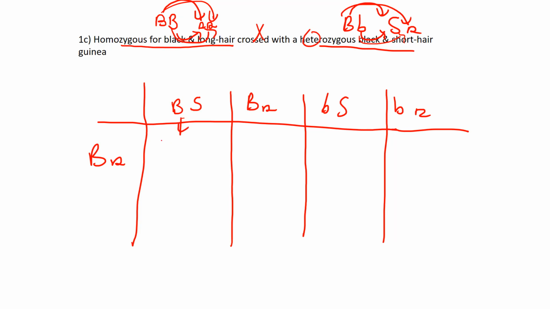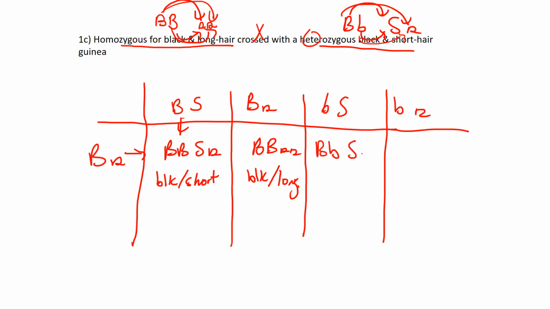Bring them together to show fertilization. Bring your alleles for each trait together. So the B's together, the S together. Capital B, capital S, little s. That's going to be black with short hair. Big B, little s. That's going to be black with long hair. Big B, big S, little s is going to be black and short again.